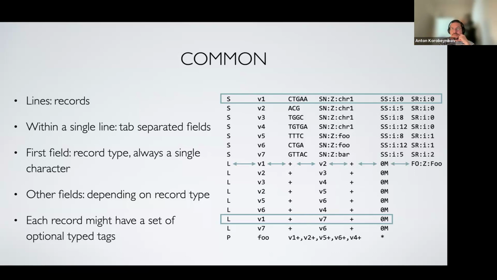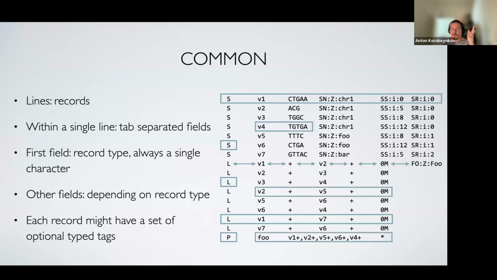The records are typed, and the type is the first field. The first field is always the record type, and it's always a single uppercase character. The meaning of the other fields depends on the particular record type, and each record might optionally have a set of optional typed tags, like here.